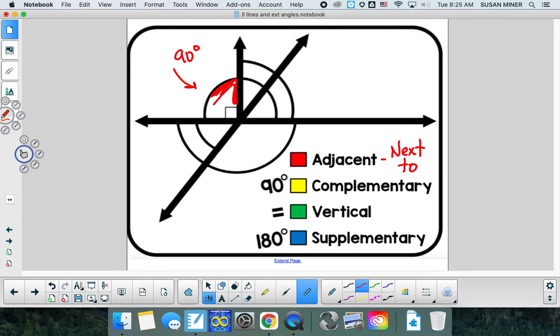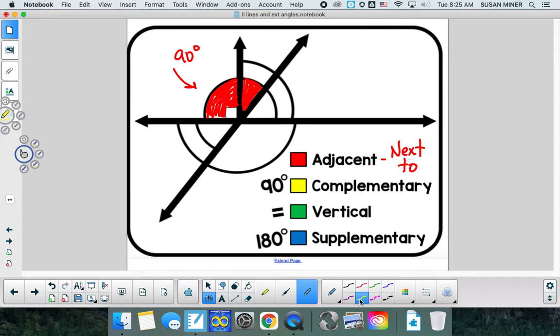And I'm going to color him in red because he is next to this angle over here. And so they are adjacent to each other. We call those adjacent angles. Now I could have picked this guy here. I'm going to save him for a minute. We're going to color him in a different color, but that angle would also be adjacent to my 90-degree angle.